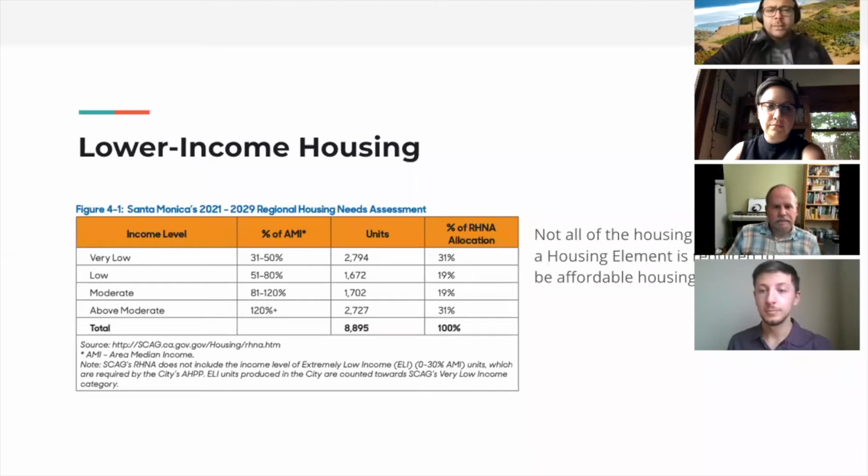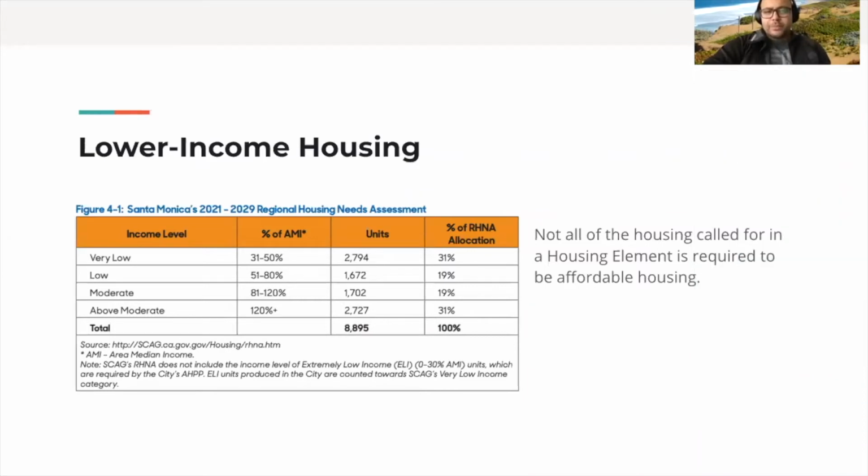So Santa Monica has to accommodate roughly 9,000 new homes over the course of the 8-year period from 2021 to 2029. One thing you'll notice is that for the purposes of affordable housing, they're required to plan for 69% of their housing, or roughly 6,200 homes, that will be very low, low, or moderate.